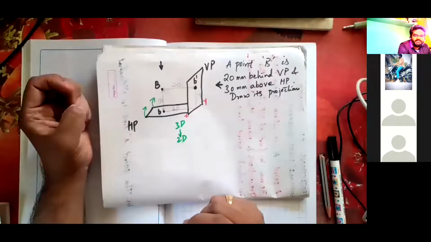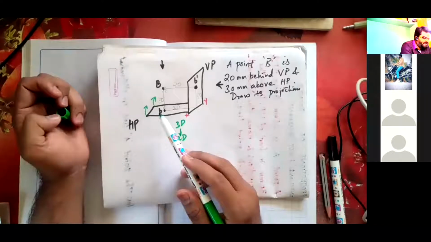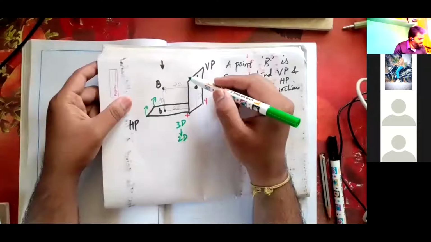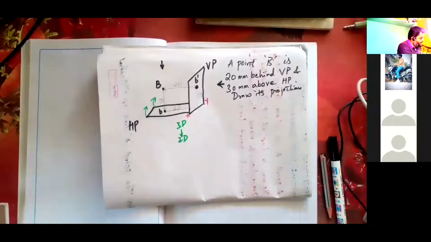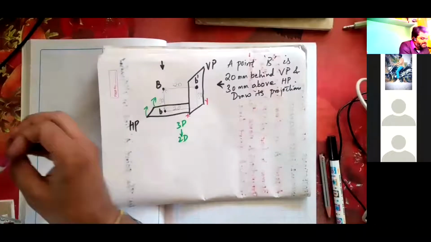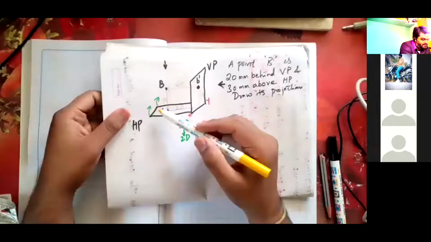When I rotate the horizontal plane in clockwise direction, this horizontal plane and vertical plane will overlap with each other. I will just represent in different colors. This horizontal plane, if I rotate, whatever the image is there here, everything will be overlapped with vertical.